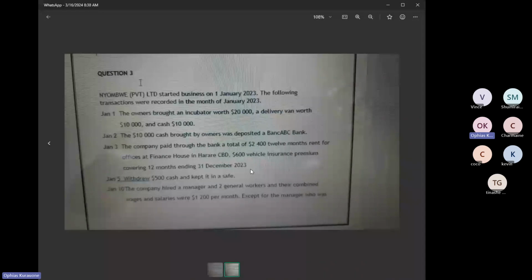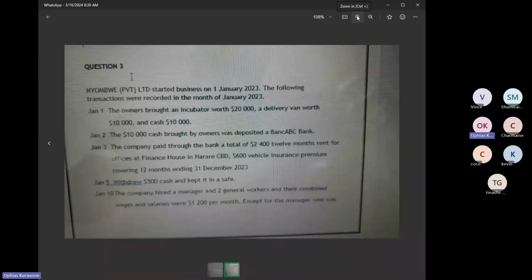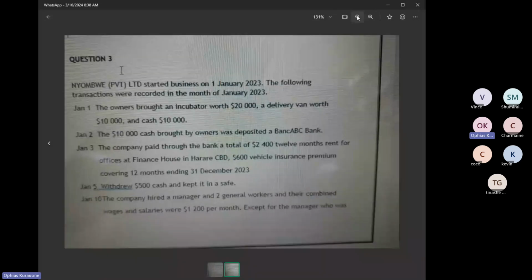I have shared something with you there. I want to look at the other area which people might face problems with: the area of preparing the trial balance. You find many students face some problems here on the issue of preparing the trial balance.